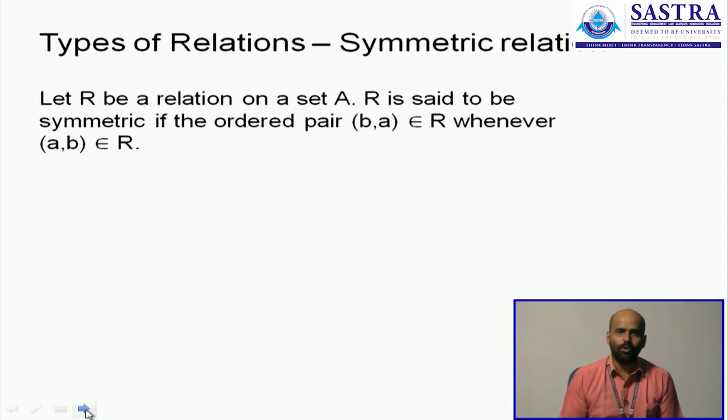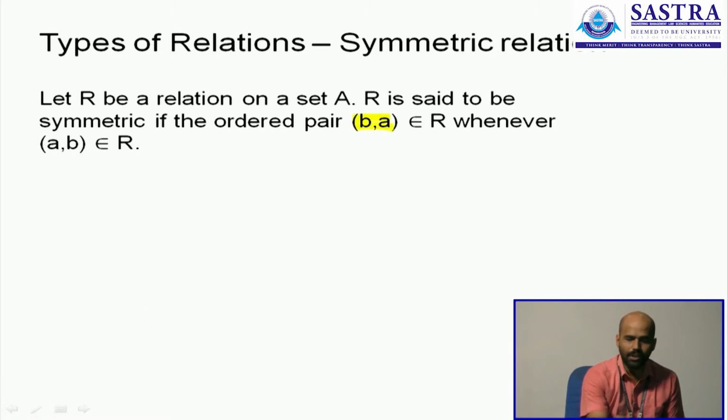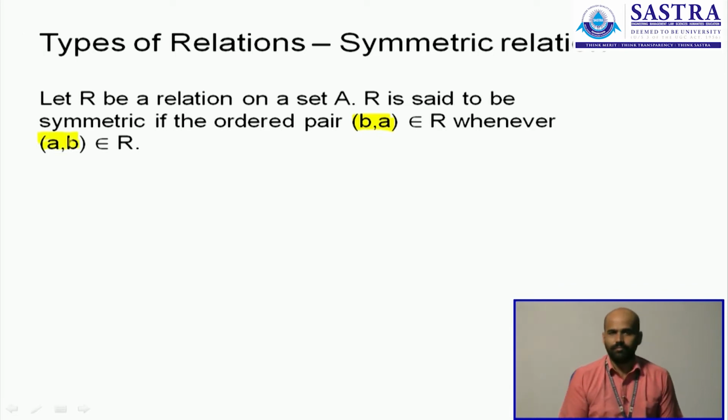The next type we'll look at is a symmetric relation. Now a symmetric relation is going to be pair specific. Let's look at the formal definition. Let R be a relation defined on a non-empty set A, and R is said to be symmetric if the ordered pair (b, a) is included whenever the ordered pair (a, b) is present in the relation.